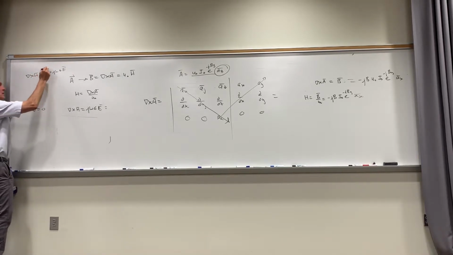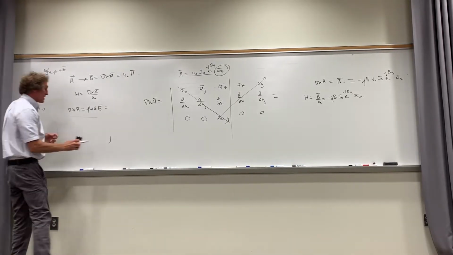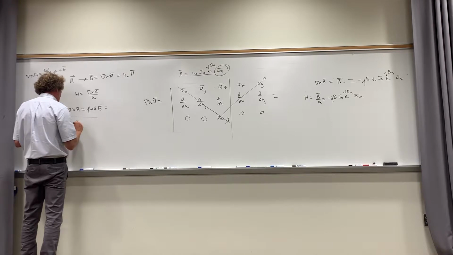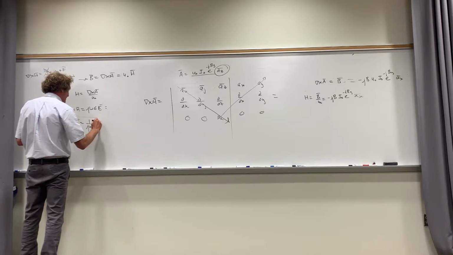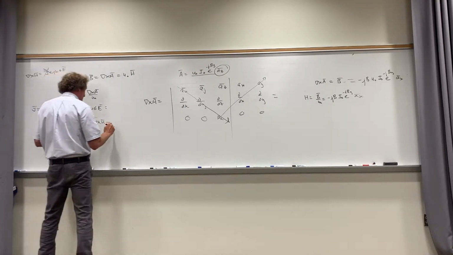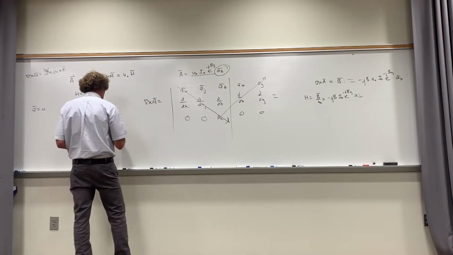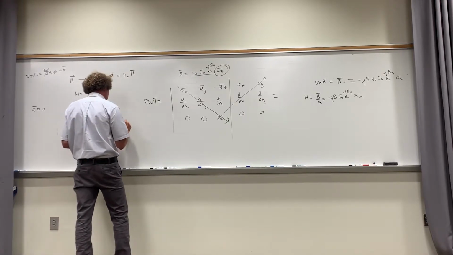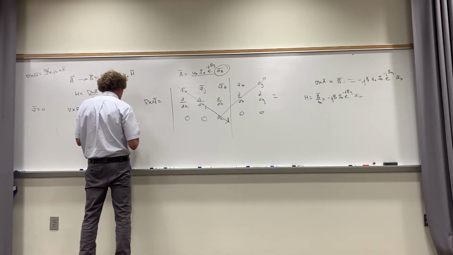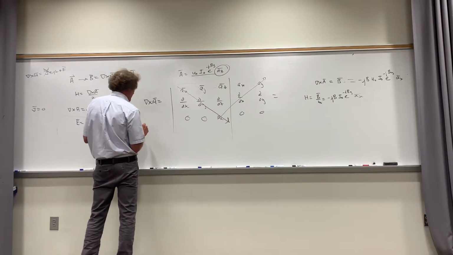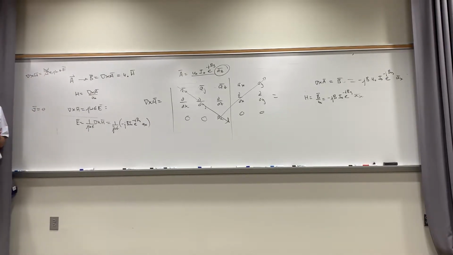And if J is 0, then it's J omega epsilon E. So if I want to know what E is, E would be equal to 1 over J omega epsilon times curl of H, and H is equal to minus J beta I naught e to the minus J beta y, in the AX direction. Does everybody agree with that?